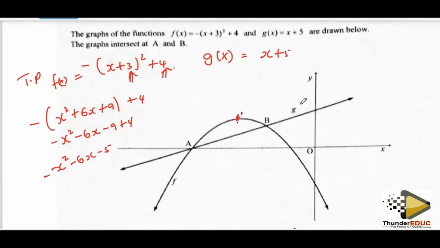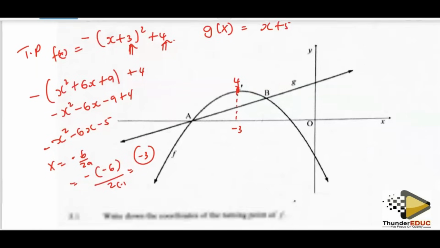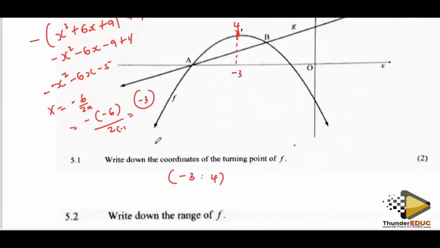Then you apply the axis of symmetry, x = -b/2a, that's -(-6)/2 with a being -1. When you simplify this, it gives you -3, and putting that -3 into the function, you end up with 4. That's how one would go about it, but given that it's 2 marks, you just needed to spot that from the first point.